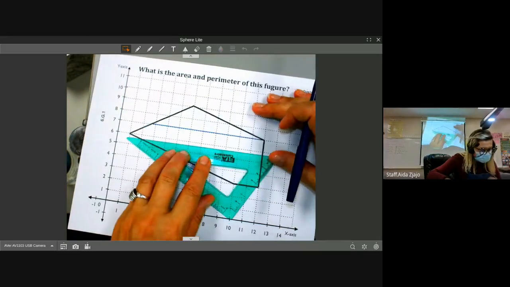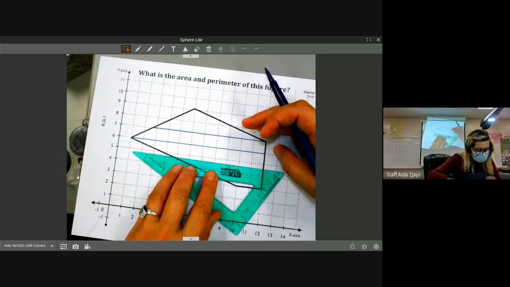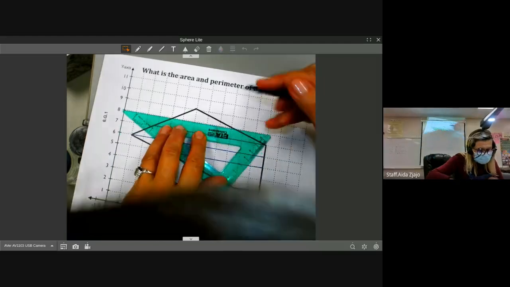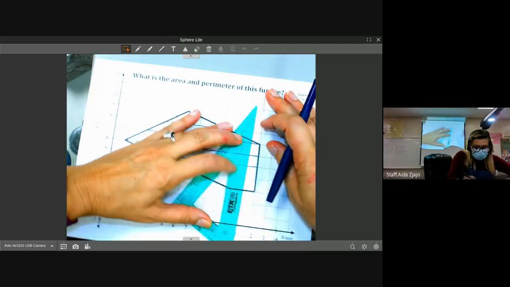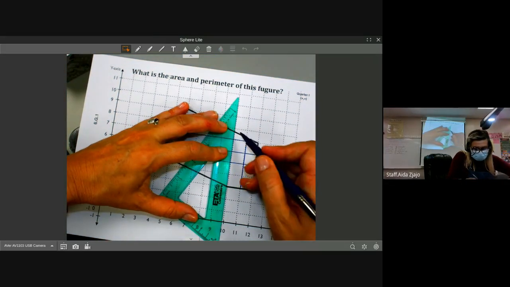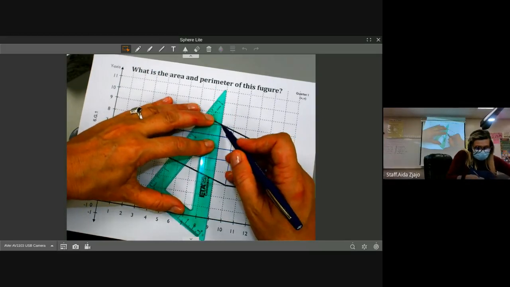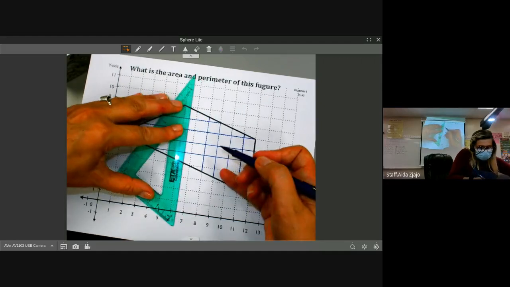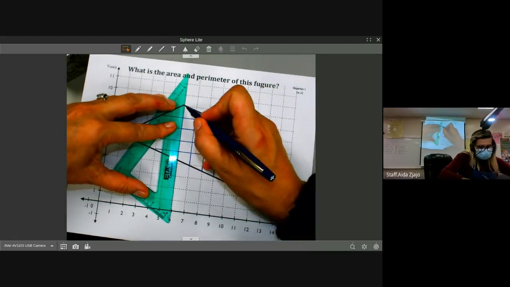So if I take my ruler, and you're going to do the same, I can create squares, and then I can figure out how many whole squares I have. So you can just follow these lines, and that should be one way of calculating it.